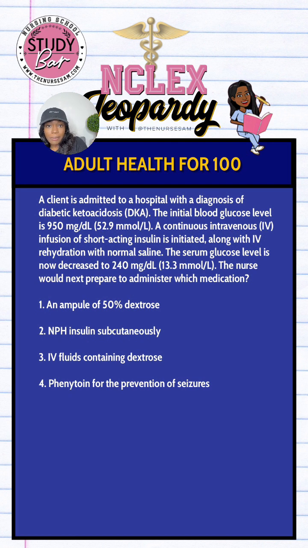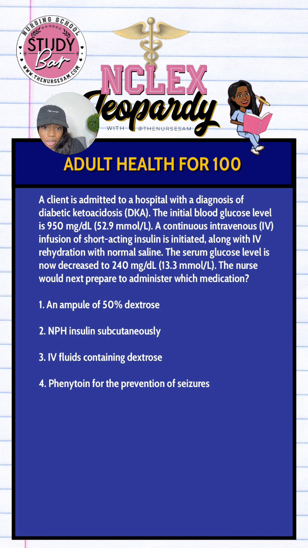The initial blood glucose level was 950, and then it was brought down to 240. A continuous IV infusion of short-acting insulin was initiated, along with IV rehydration with normal saline. So we brought that blood sugar down, we rehydrated. What would be the next step? Medication-wise, which medication will we be prepared to administer next?